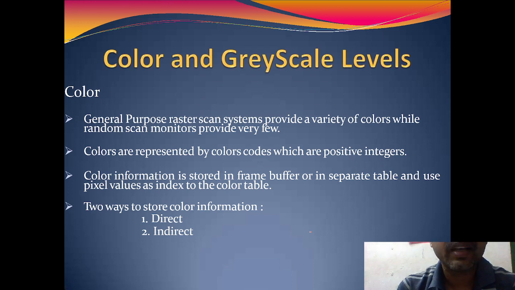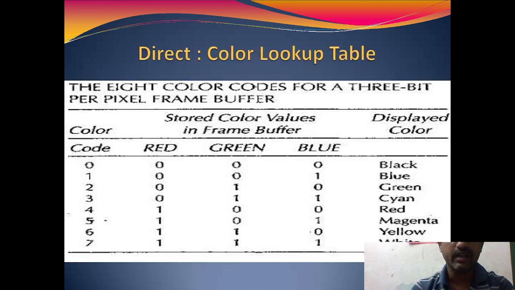Next, color and grayscale levels. General purpose raster scan systems provide a variety of colors while random scan monitors provide very few. Colors are represented by color codes which are positive integers. Color information is stored in the frame buffer or in a separate table, and pixel values are used as an index to the color table. There are two ways to store the color information, that is direct and indirect.